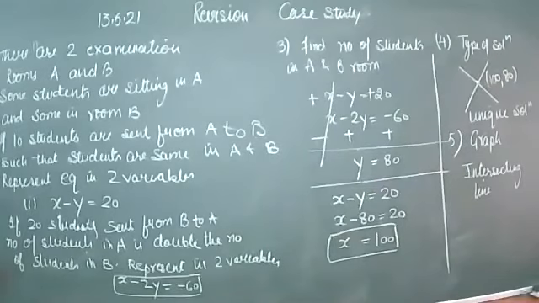Intersecting lines, consistent system of equations. Tell me the ratio. A1 is not equal to B1. Beta, you are speaking wrong. A1 upon A2 is not equal to B1 upon B2 is the condition for the unique solution.